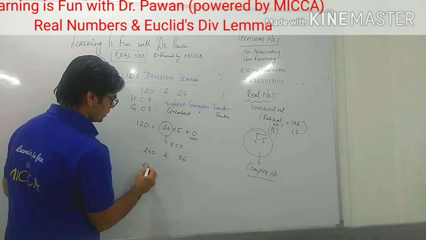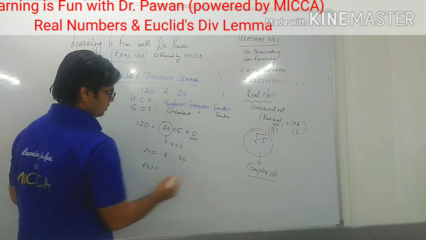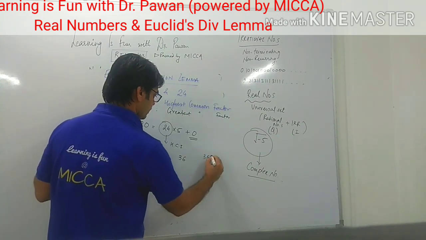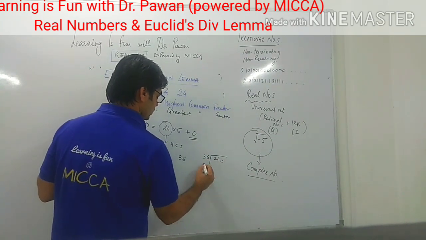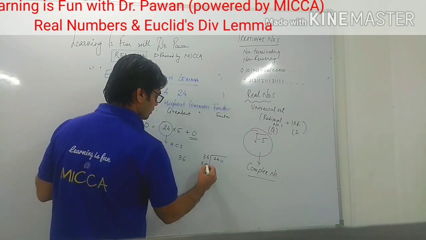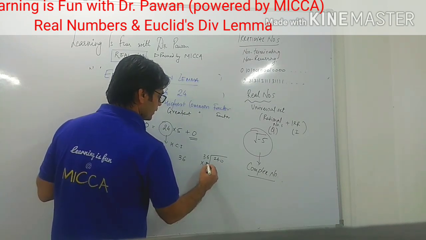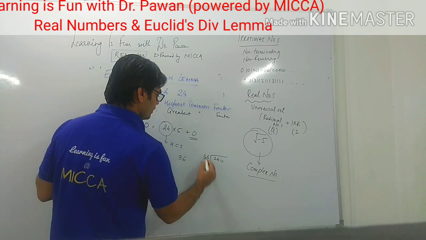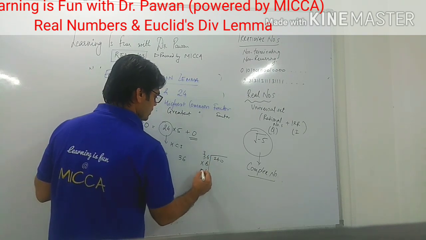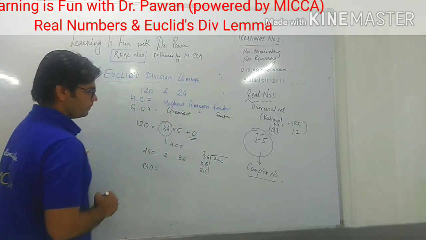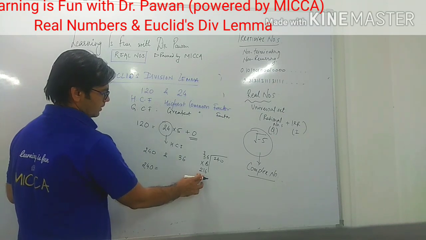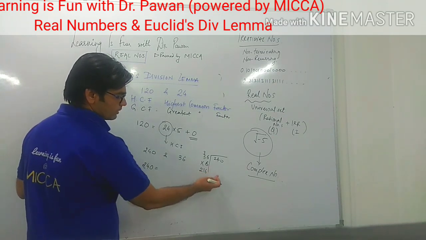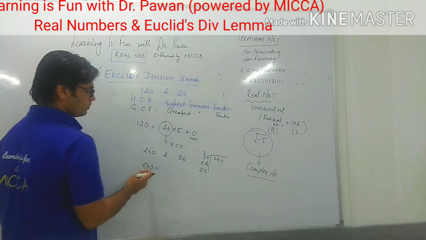Let us divide 240 by 36. 6 6s are 36, 3 6s are 18, 216. If we have 36 into 7, it will go beyond 240.